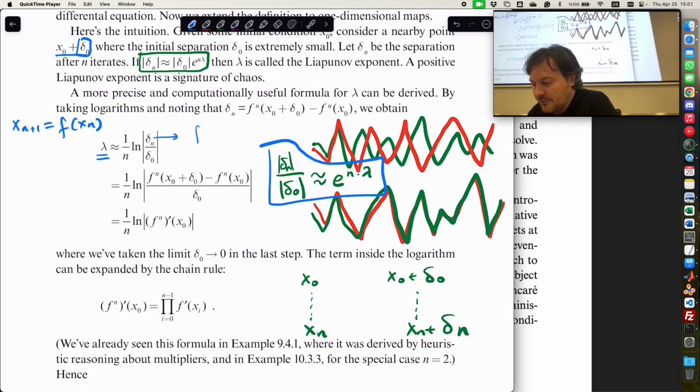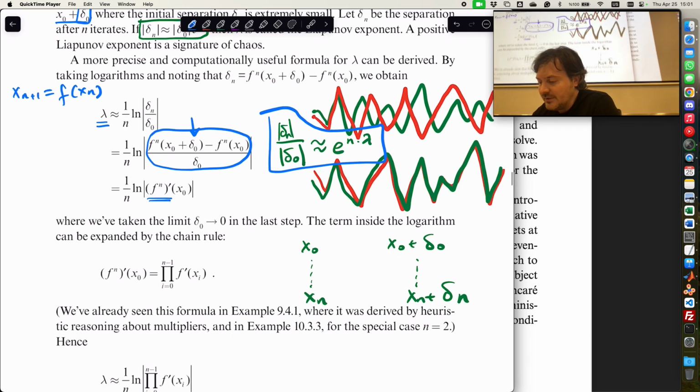It's f^n of x, it's what is written here. It's very familiar to you, right? Derivative. It's the derivative of the nth iteration of the function.